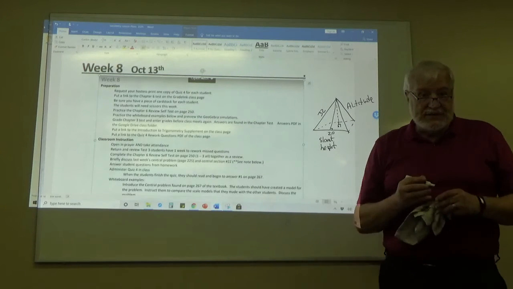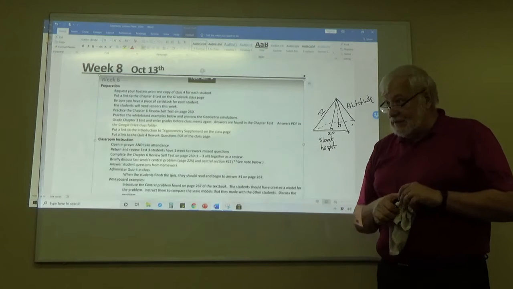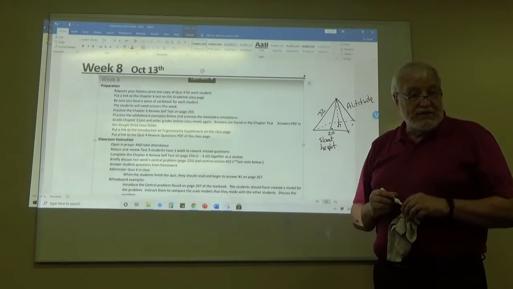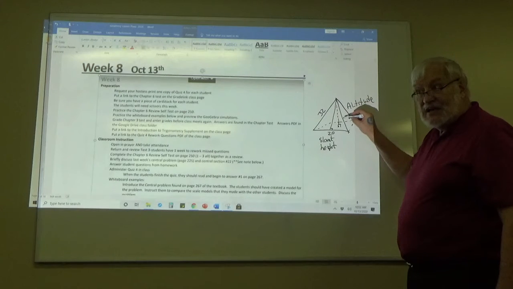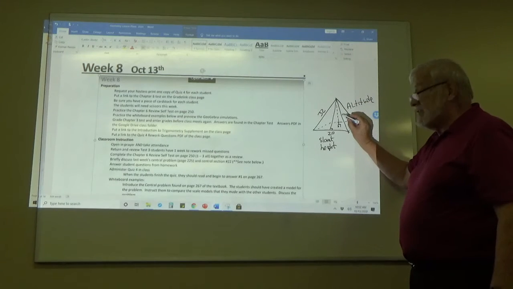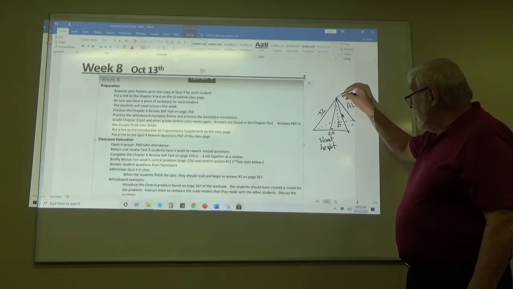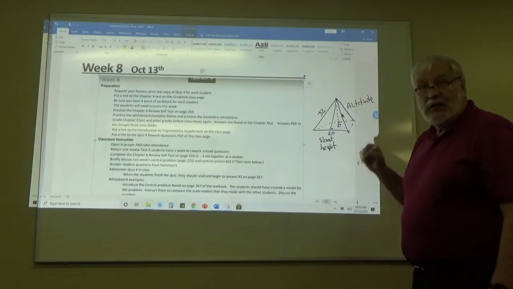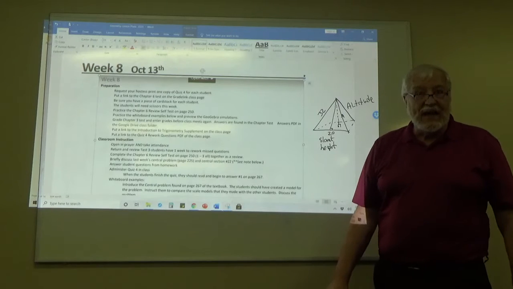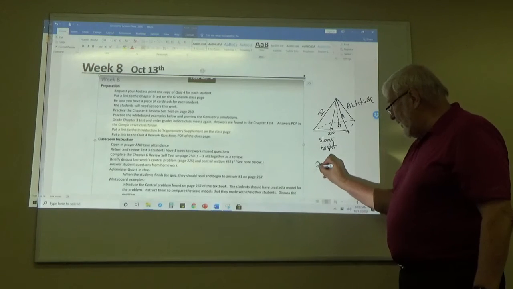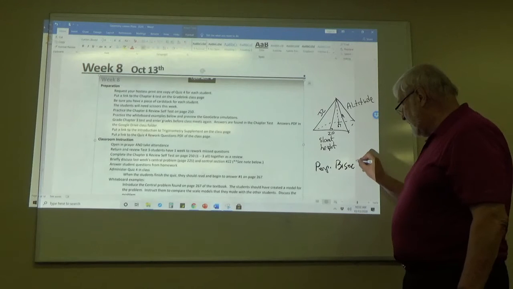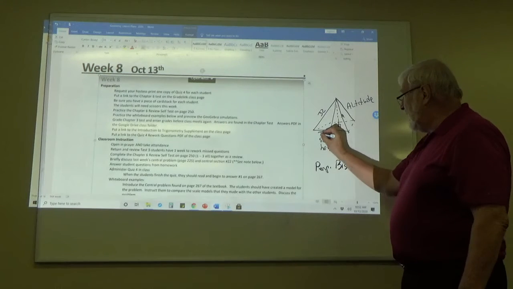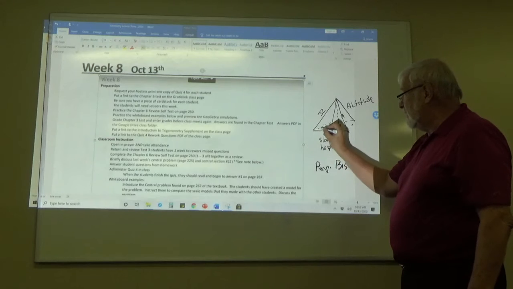This is what I was discussing before I remembered I need to turn the tape on. Okay, remember I said that this is an isosceles triangle? So because this is also 32 here, the altitude of the face is the perpendicular bisector. That means what is this distance here?